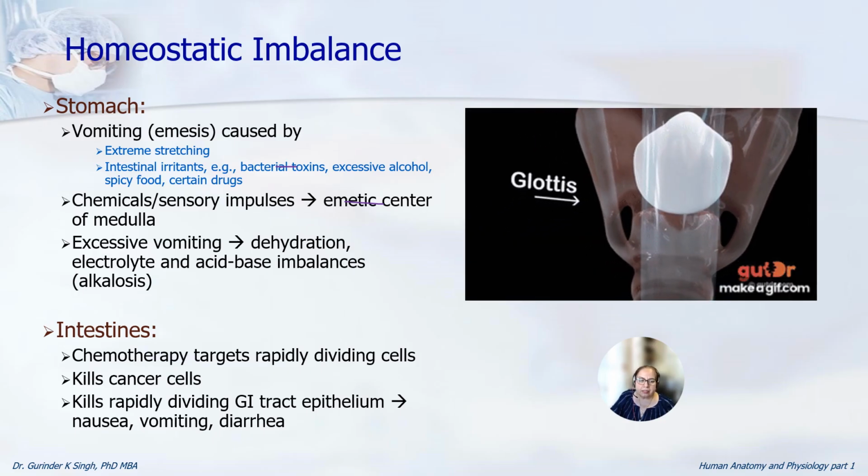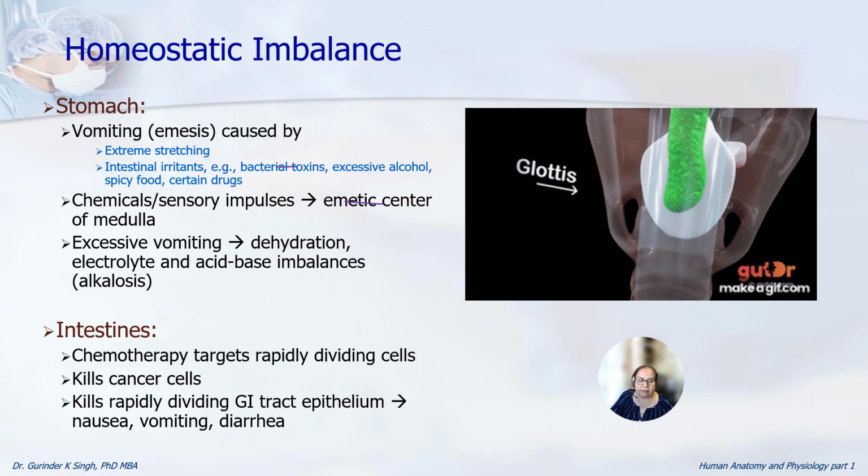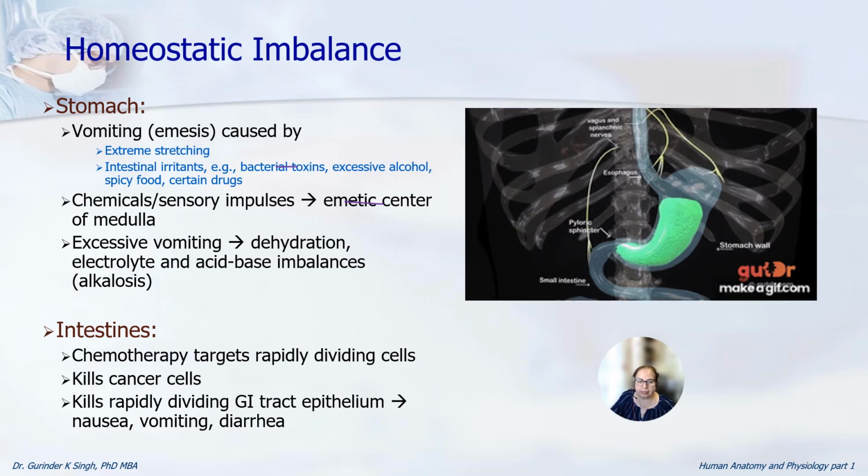Excessive vomiting can lead to dehydration as well as electrolyte and acid-base imbalances.